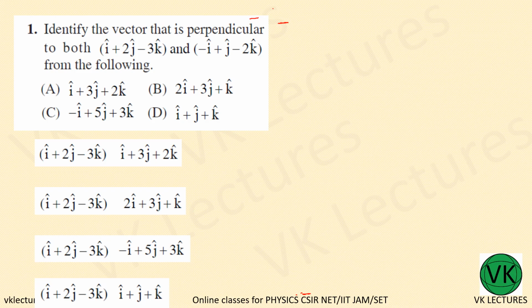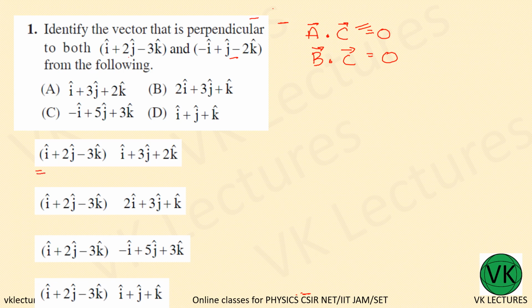Let us consider this vector as A and this as B. Now, we have to identify a vector C such that A·C and B·C are both equal to 0. That means our aim is to find the vector C. Here we have the four options given. Let us do them one by one.